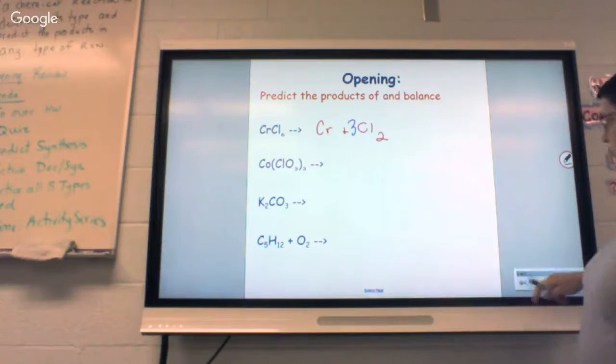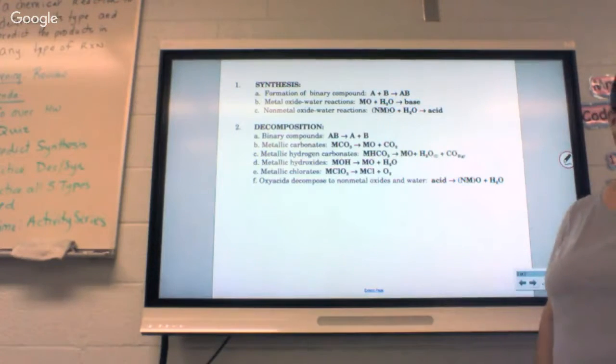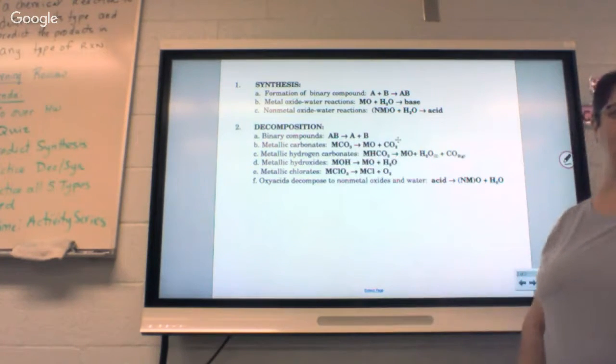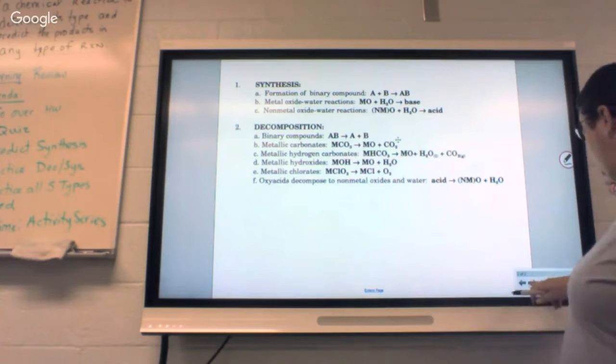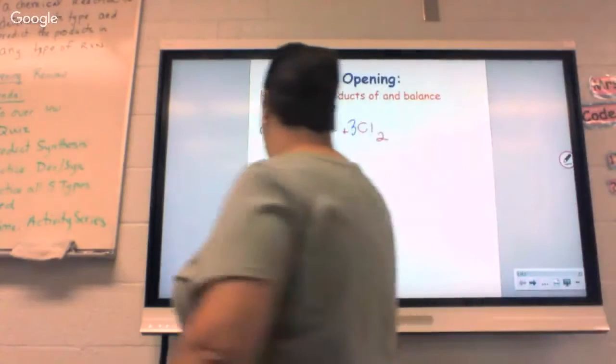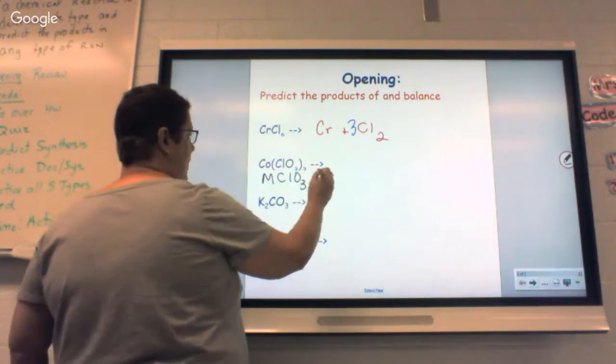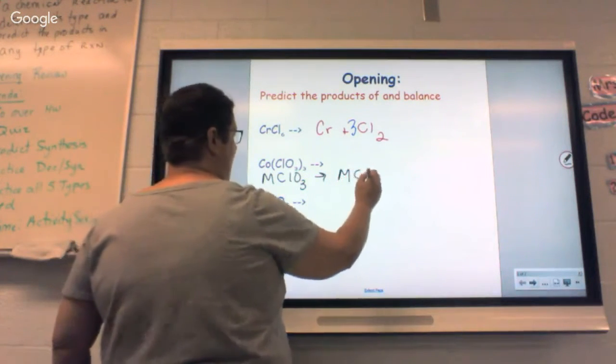If you look at your reference table, the one that's stapled together, not your oxidation sheet, which one has ClO3 in it? C. So what we did yesterday is we wrote the formula for that right below the equation, and then we just make it fit this pattern.